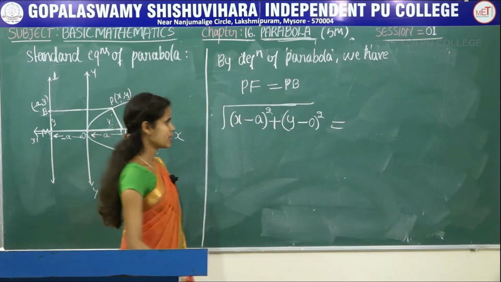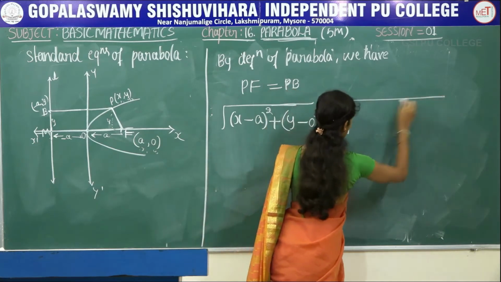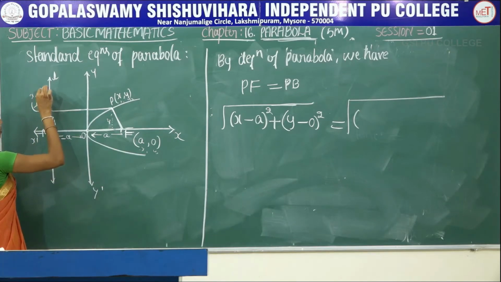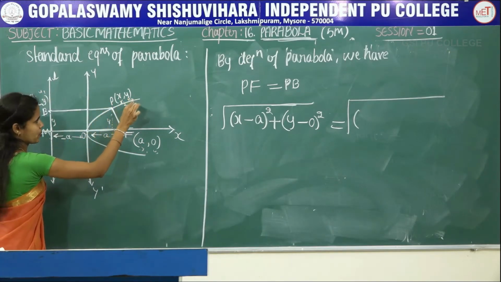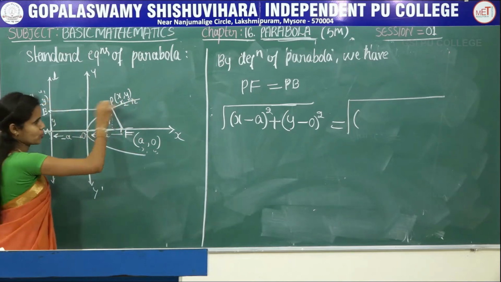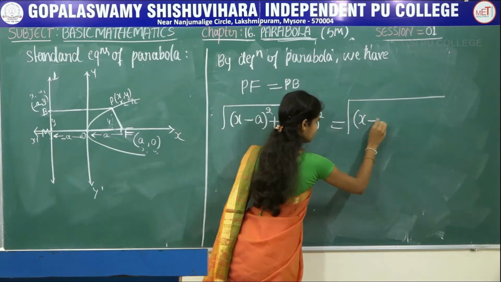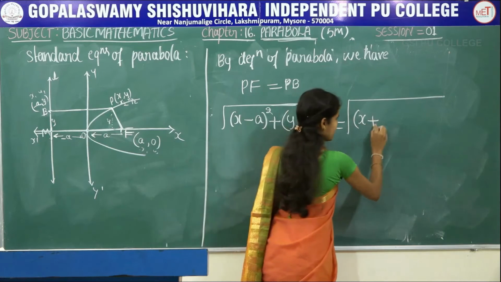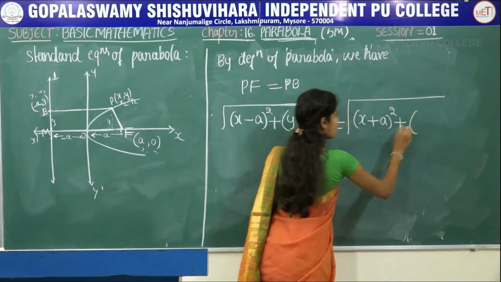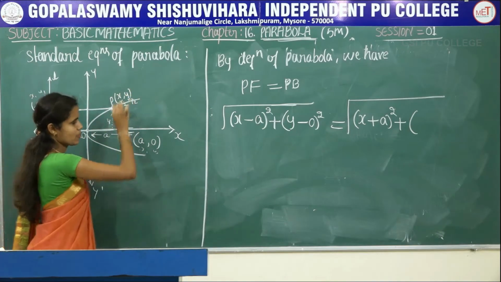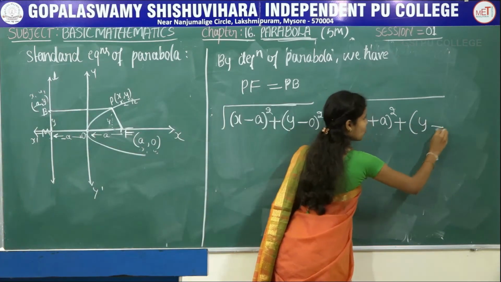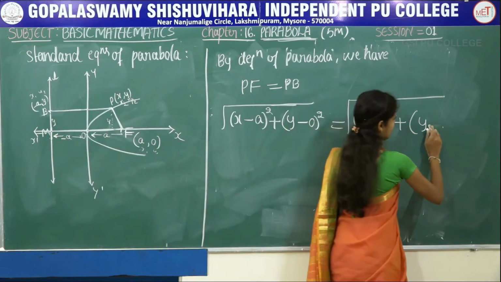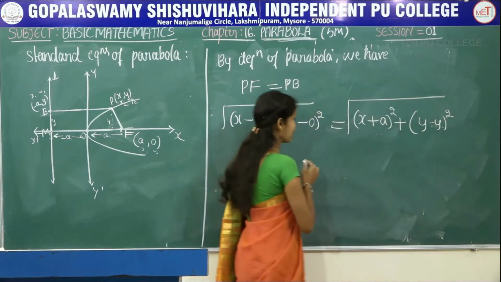PB means the distance between P and B. Here also consider coordinates of B as x1, y1 and P as x2, y2. So x2 minus x1 is x minus minus a, plus a, whole square, plus y2 minus y1, y minus y, whole square.